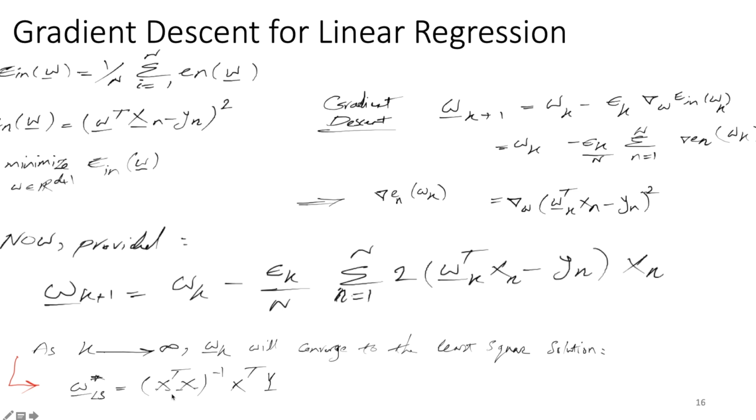It's going to get closer and closer to W star of least square, LS. So theoretically, if you pick a high number of iterations and your k goes towards infinity, you can apply gradient descent for linear regression as well. It's going to approximate the same least square solution for you.